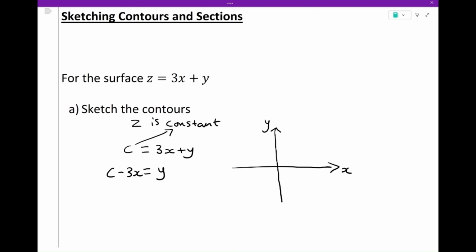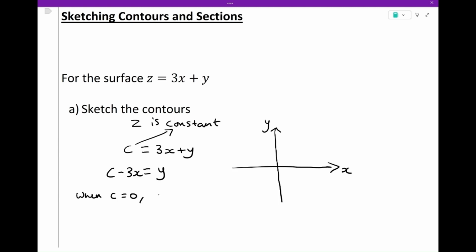So if I was having a go at drawing this, I'm not really sure what c is currently. The idea is you're going to just pick a few values for c. You're going to pick 3 or 4 and draw them onto the graph because we haven't been given a specific value for z. So let's just consider when c is equal to 0.